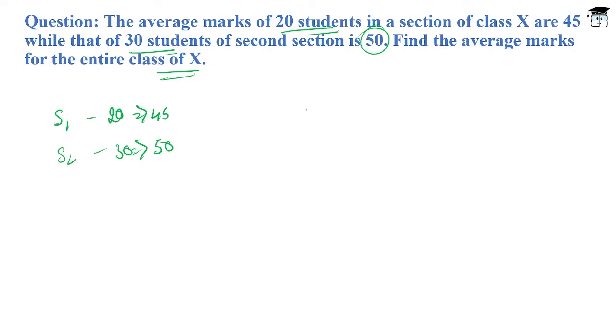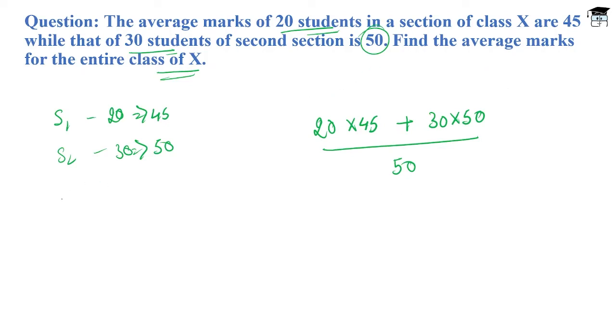You will calculate the average as 20 into 45 plus 30 into 50 whole divided by 50. Now how? What do we do here?